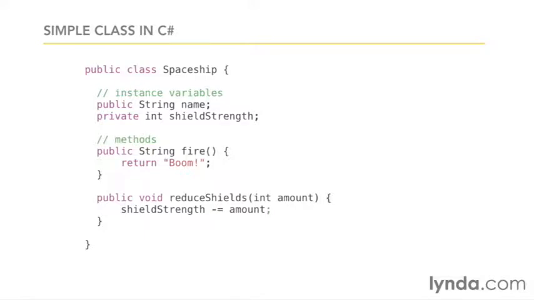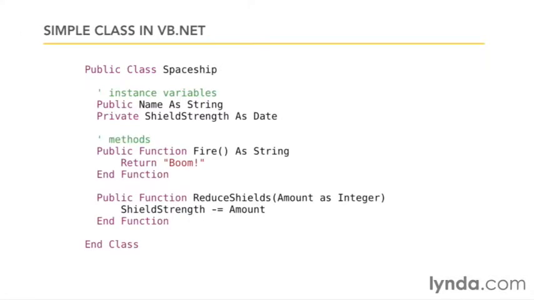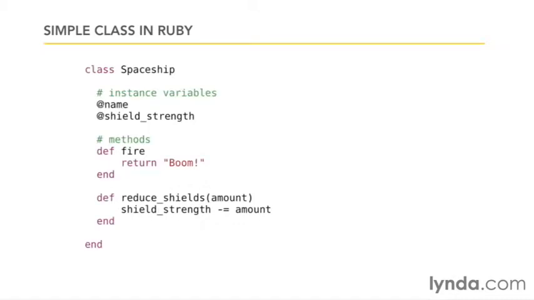If I looked at this in VB.NET, it would change the format away from the curly braces. And we'd start to see a lot of uppercase letters at the start of our keywords just because that is the convention in VB.NET, but otherwise it's conceptually the same. If I look at this class in Ruby, well, Ruby also leaves out the curly braces and it has a simpler syntax because Ruby is a dynamic language, meaning it does not require as much information regarding variable types or return types.